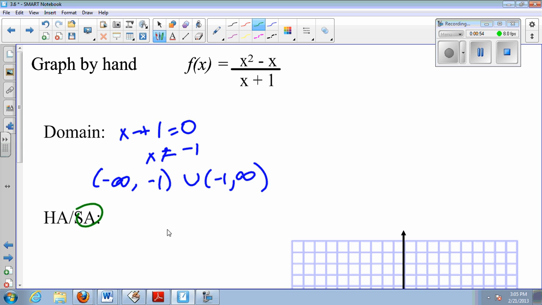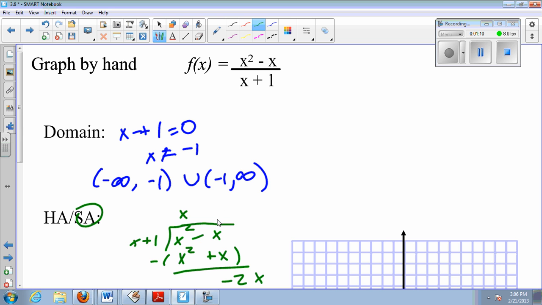When we divide x squared minus x by x plus 1, it goes to x minus 2x, so minus 2. So our slant occurs at the line y equals x minus 2.